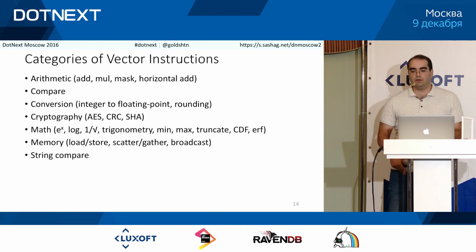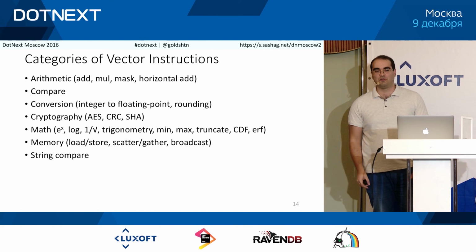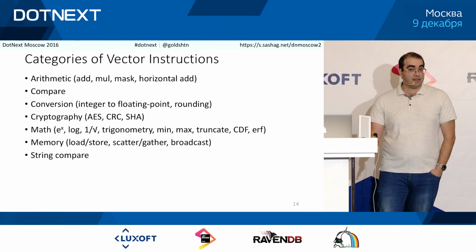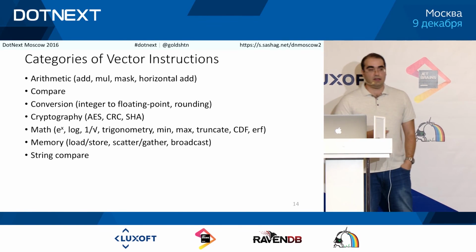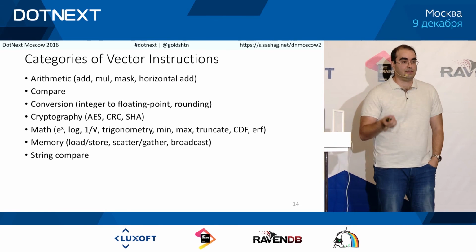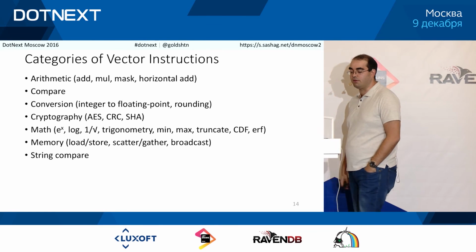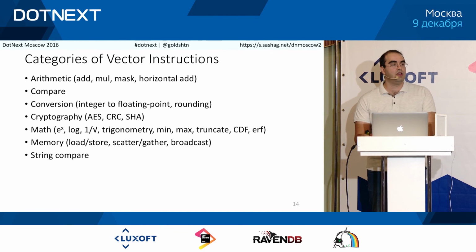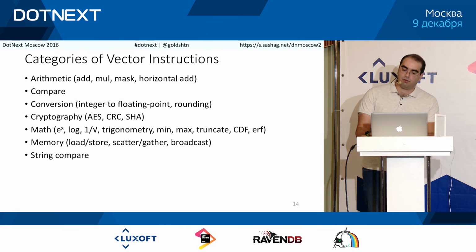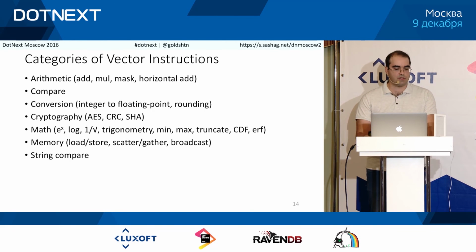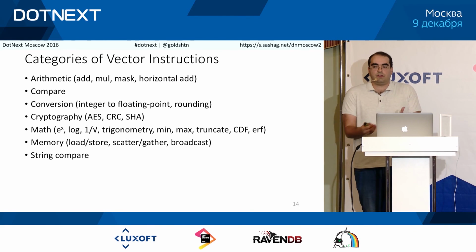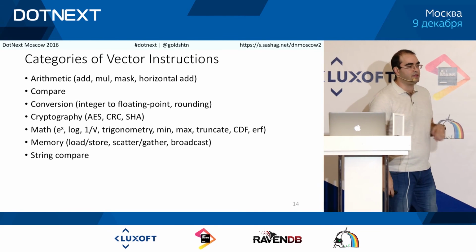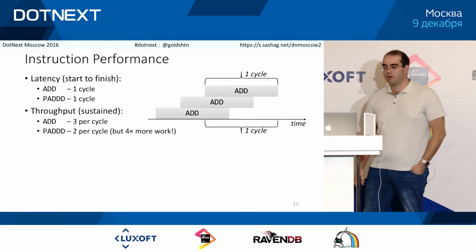I've actually had to deal with that problem of converting shorts to floats for a project. Some more advanced stuff is cryptography, like AES encryption, which has hardware support in instructions that can be vectorized. There are math operations like exponentiation, square root, reciprocal square root, trig operations, a bunch of stuff like that. Really, hundreds of instructions in modern processors can benefit from vectorization.